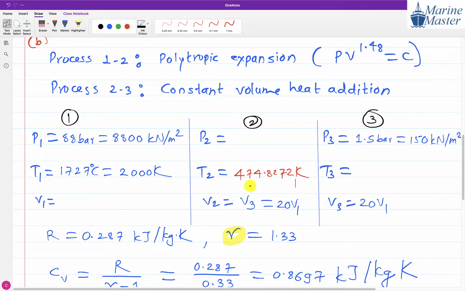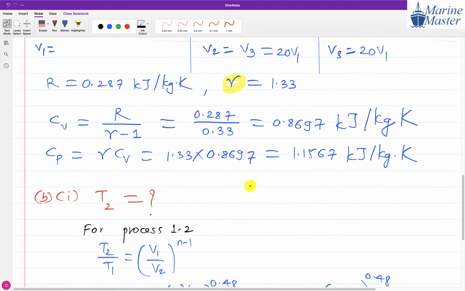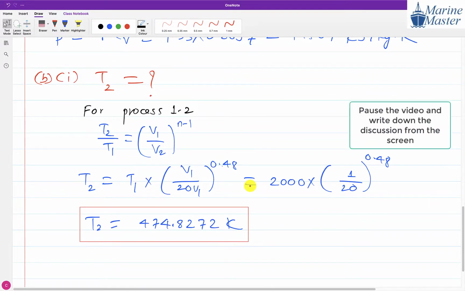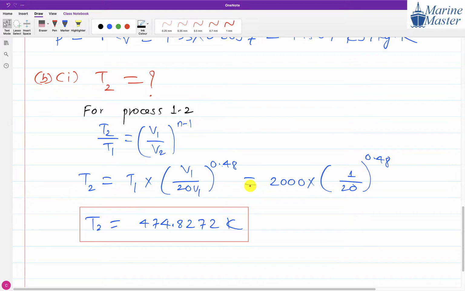Please write down this first part. So this is what they are asking: the temperature after expansion.